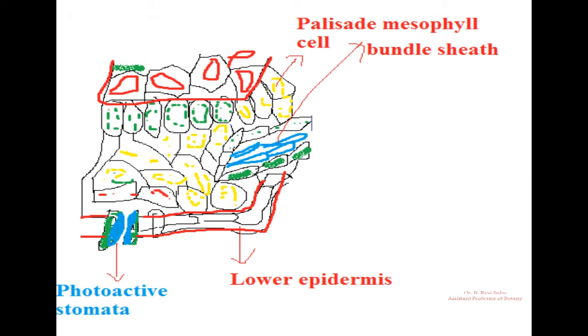During daytimes we have extreme temperatures, and temperature is one of the factors that influences transpiration a lot. Many of our viewers might know that light and temperature have enormous influence over the process of transpiration. So the stomata in xerophytes are of the scotoactive type.